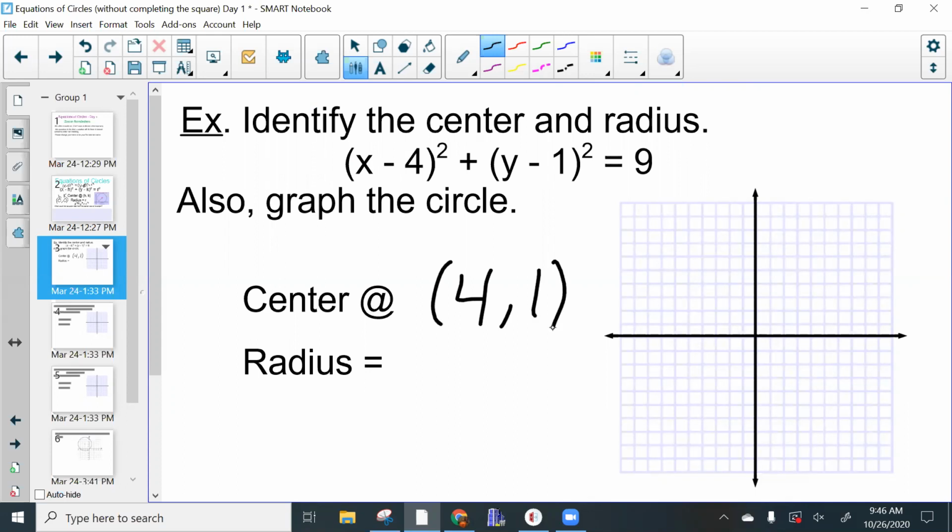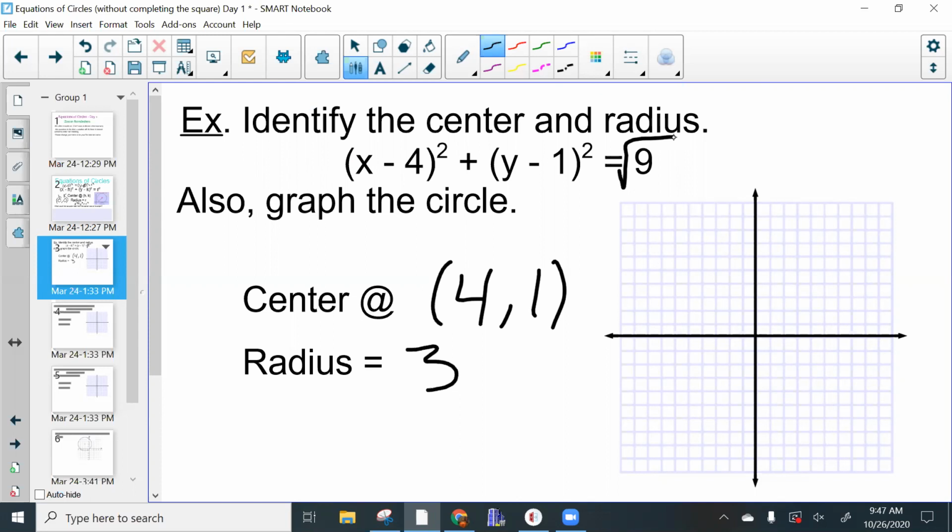Can anyone tell me what the radius would be? Yeah, the radius is 3. Can you tell me how you got the 3? Perfect. You said you just square root the 9, because in the equation, it's equal to r squared, and that is just 3.